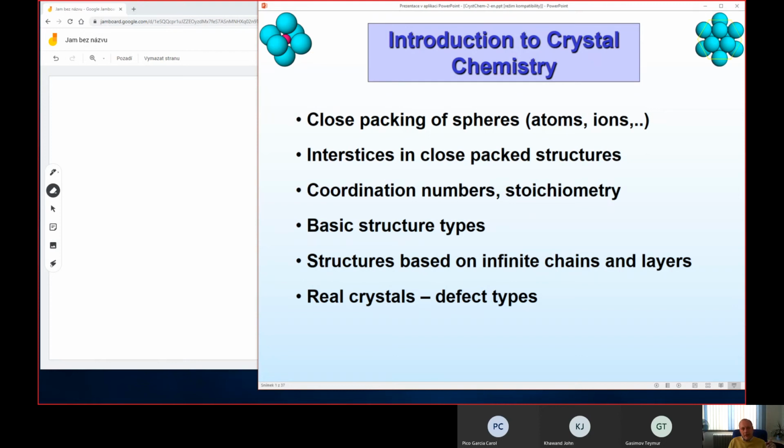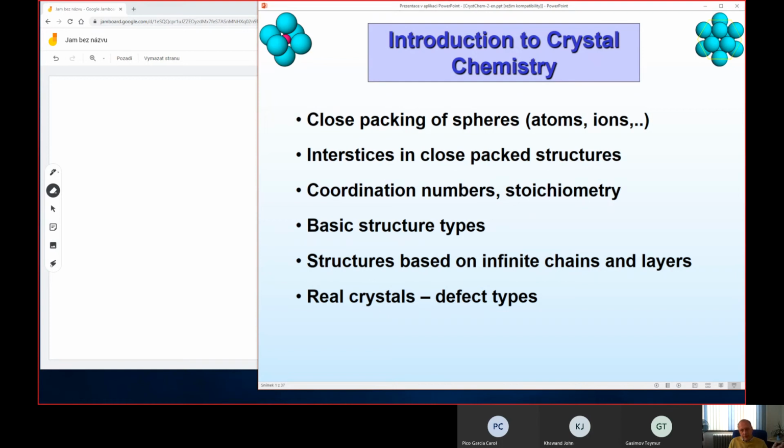These coordination numbers of the atoms in the close packed arrays and those which fill the interstitial sites are related to stoichiometry. So I will also address this issue, the relation between the coordination numbers and stoichiometry, which refers mainly to binary compounds.